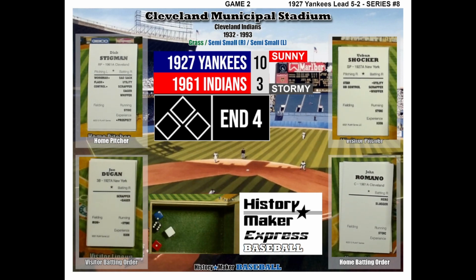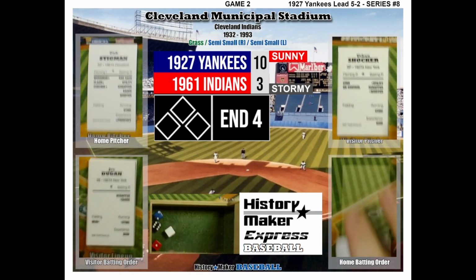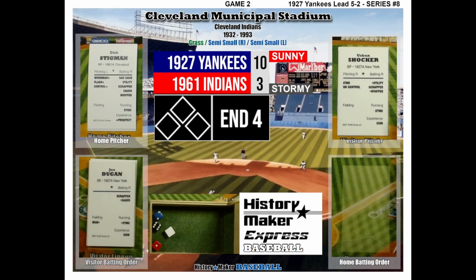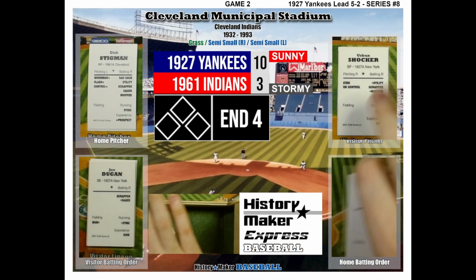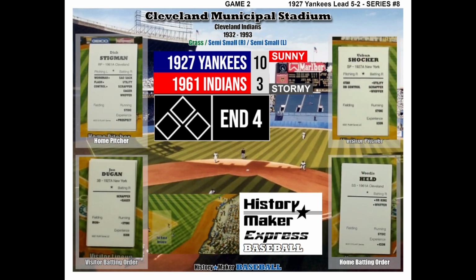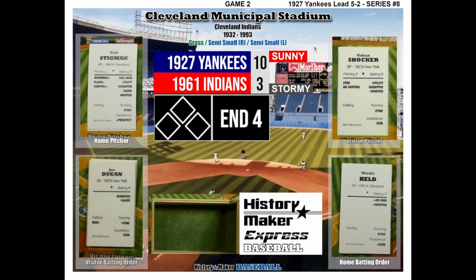Oh my gosh. So the 1961 Indians get 2 runs out of that, courtesy of John Romano. I'll say 1 error and 2 RBIs by the catcher Romano.